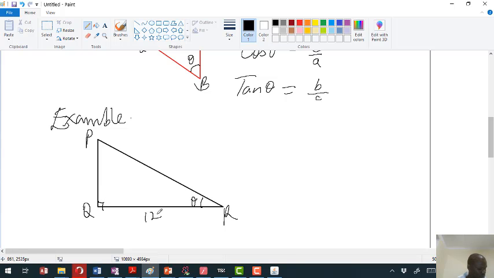This is 12. This is, I mean, 5. This is Q. Find Q and theta. How do we find Q? Q can be found very easily because we know this right angle triangle and we know the two other sides. It means we can use the Pythagoras theorem to find Q, without going through the trigonometric ratios.